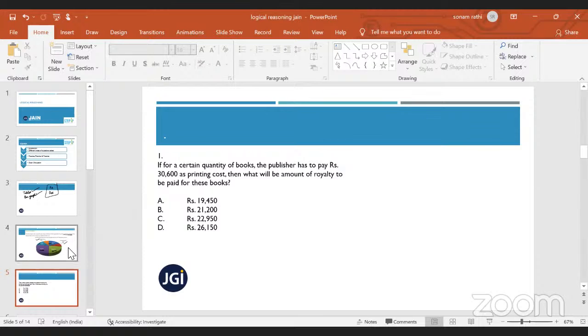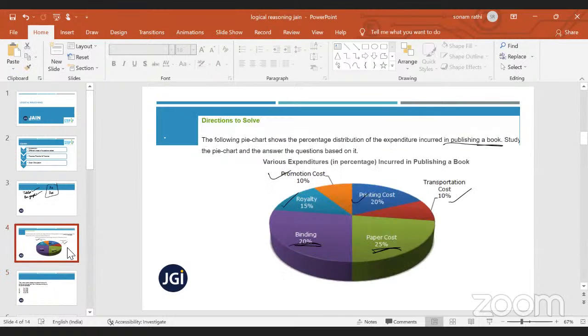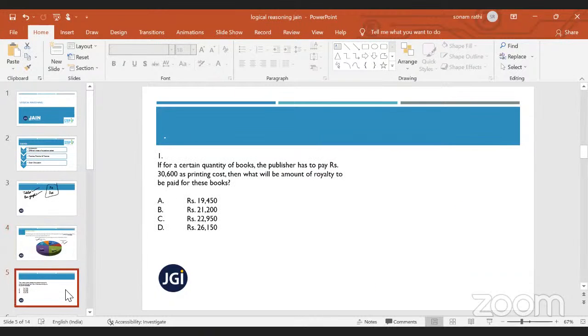These are percentages given to you. You don't know the total cost. Based on each individual question, we will solve. For a certain quantity of books, the publisher has to pay 30,600 as the printing cost.